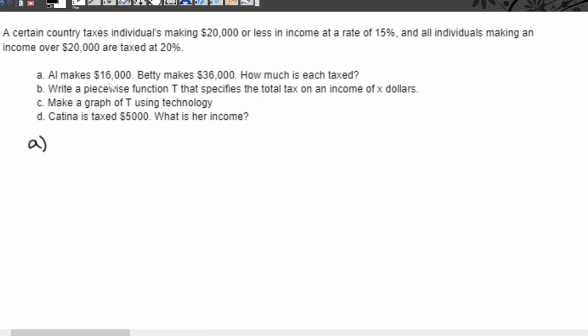Al's going to be taxed according to his income, which is $16,000. So he makes $20,000 or less, which means he's going to be taxed at 15%. So we can just take Al's income, which is 16,000, and multiply that with 15% in its decimal form, which is 0.15.